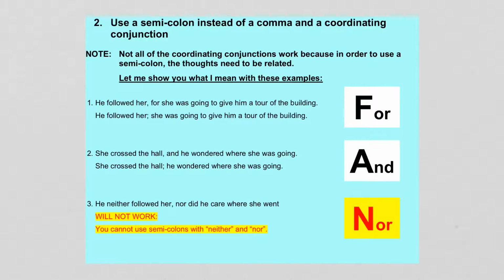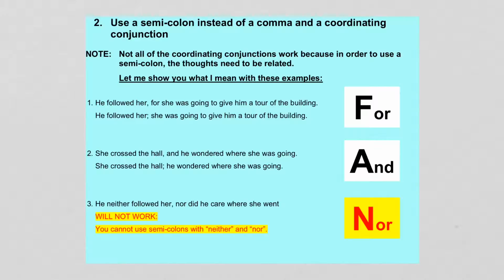Alright, so another way to use a semicolon would be to use it instead of a comma and a coordinating conjunction. Now, there's a way of remembering all of the coordinating conjunctions, and earlier in this video series I also talked about conjunctions, because coordinating conjunctions are just one type of conjunction, but they're very important.